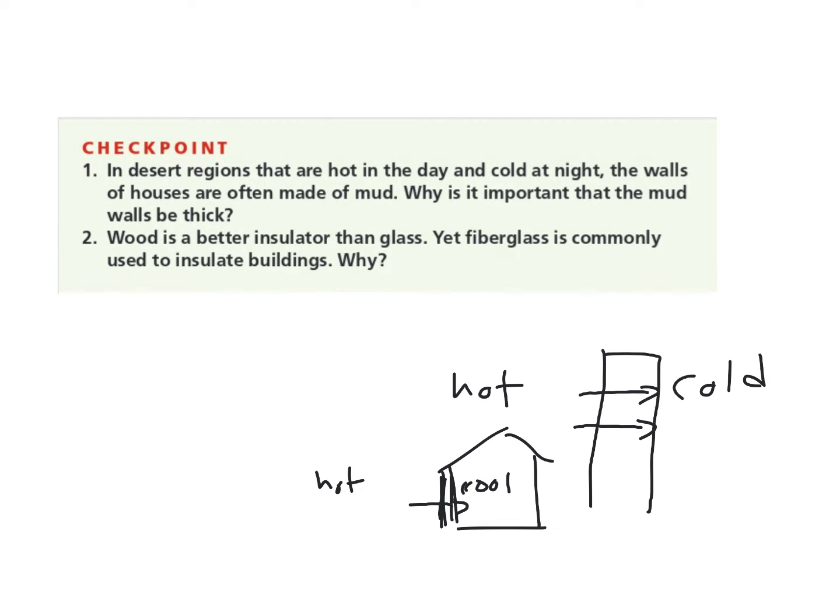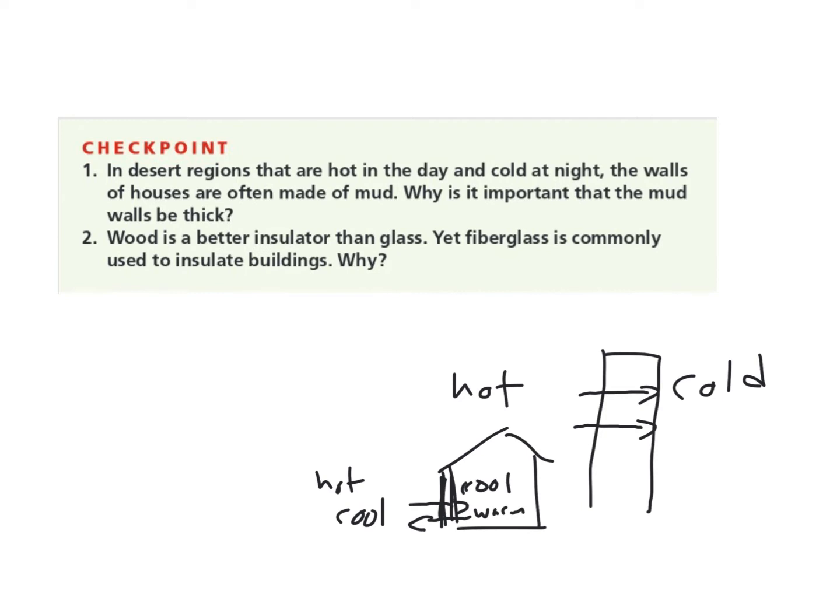Now, on the other side, when it gets night and it cools off, so now it's warmer inside the house and it's cool outside, well, you don't want to be too cool, but the same process is going to apply. The heat's going to flow outside to the cooler outside of the house, but it's going to slow it down. So your house will stay cooler longer during the day, and it will stay warmer longer during the night.